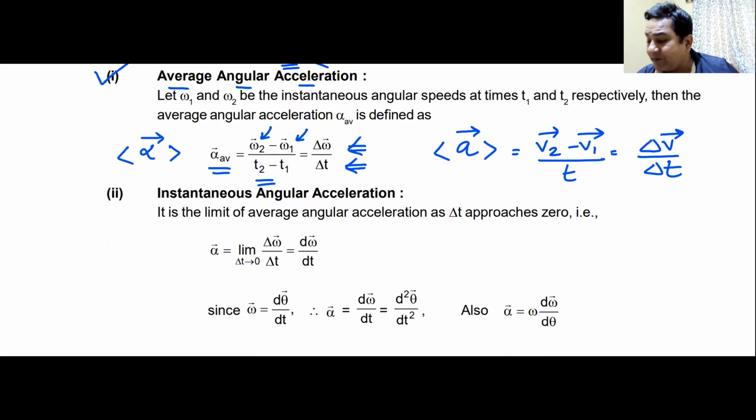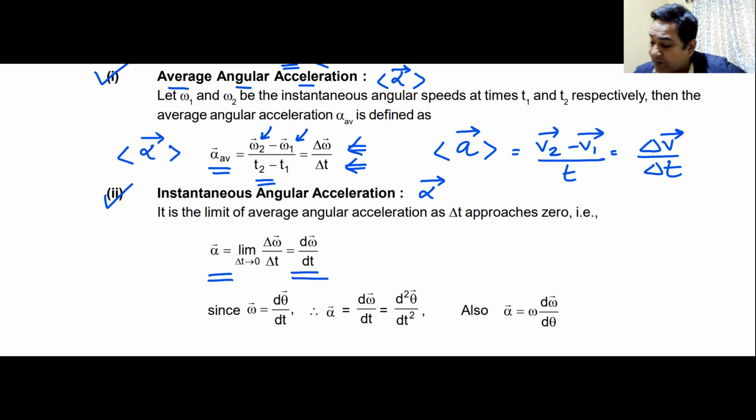Now, if you have average angular acceleration, you also have instantaneous angular acceleration. Average angular acceleration is alpha vector in a dabba. Instantaneous angular acceleration: when I say angular acceleration, I mean instantaneous angular acceleration. Instantaneous angular acceleration is alpha vector. This will be d omega vector by dt.